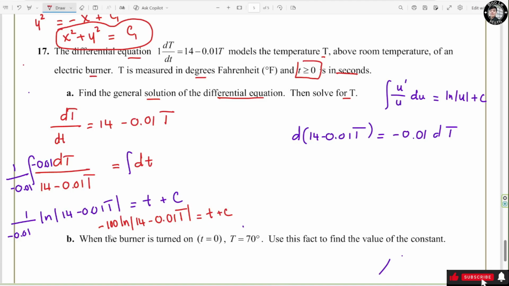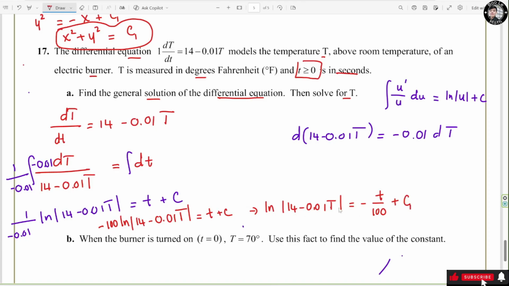Now divide both sides by negative 100, so this becomes ln absolute value of 14 minus 0.01 T equals negative t over 100 plus c. Now c divided by negative 100 is going to be another c, so I just name this one c1, something like that.